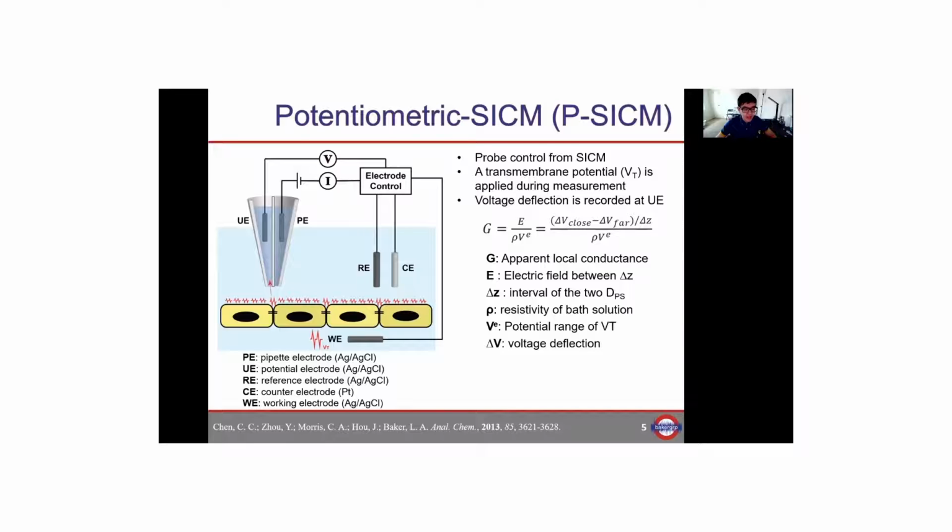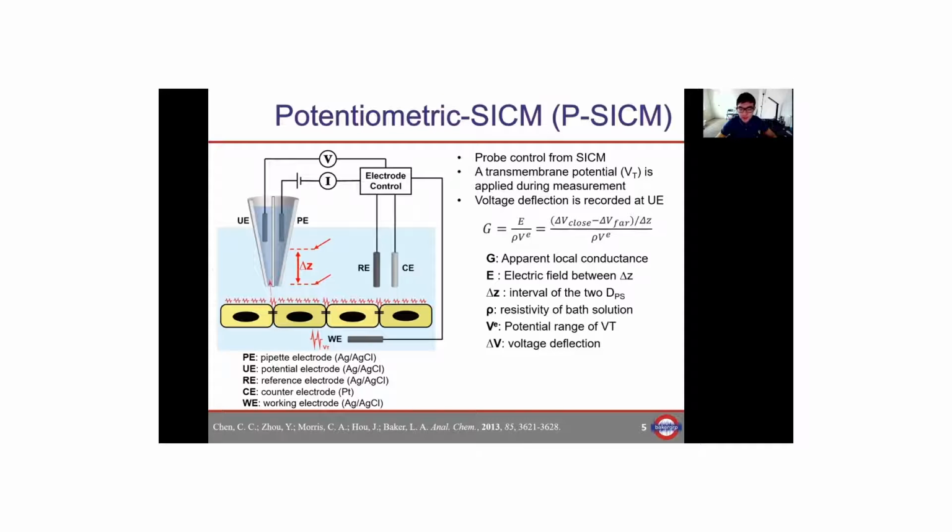After this process, the nanopipette will retract by a fixed distance delta z, and the same transmembrane potential will be applied to the sample, and the recording of the local potential will be repeated.